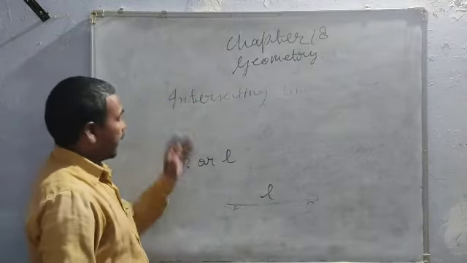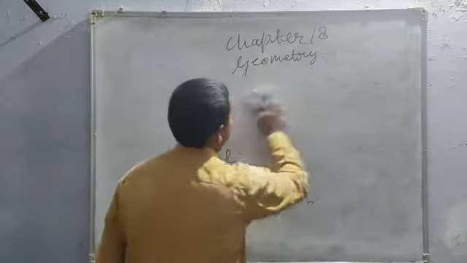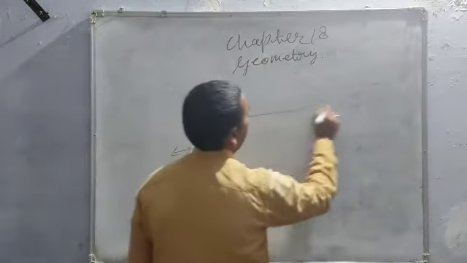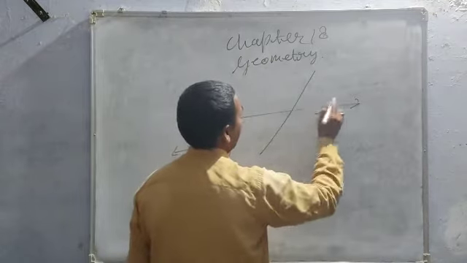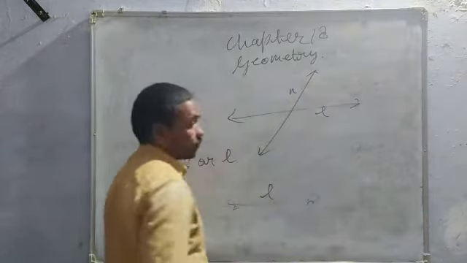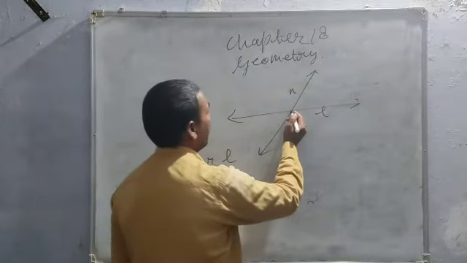So see here, intersecting lines. Suppose two lines are given, one named small l and the other named small n. These two lines meet at a point.